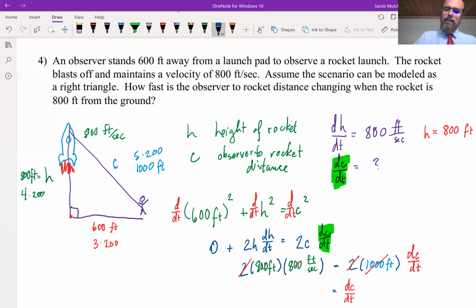And I've got to also think I've divided by feet, so that's actually going to cancel the feet variable. So that ends up giving me 640 feet per second. And that should be the rate of change of that observer to rocket distance when the height of the rocket's 800 feet.